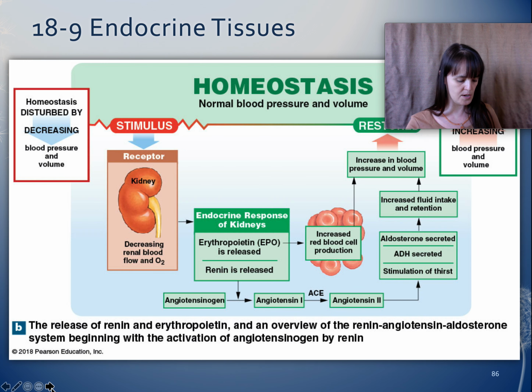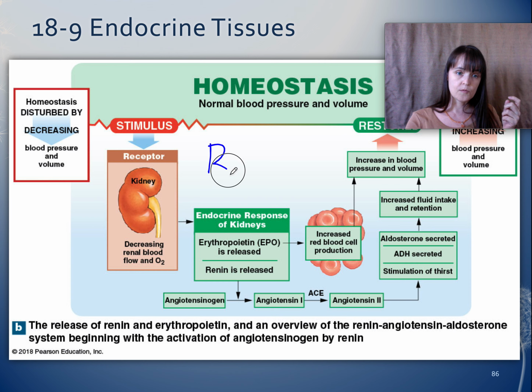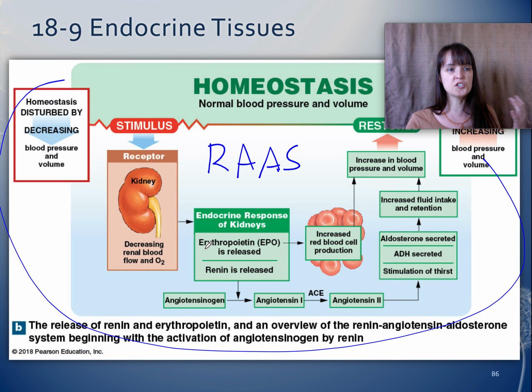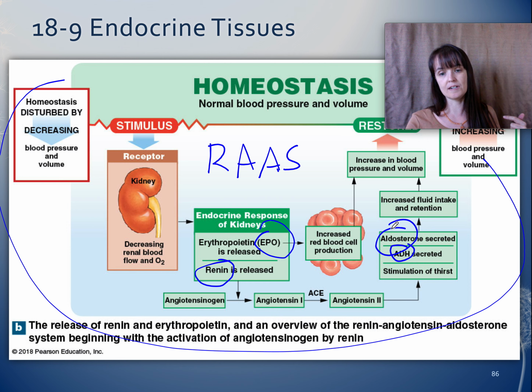Next page, page 23. So we've got this whole renin-angiotensin-aldosterone system. This entire RAAS shebang with EPO, renin, ADH, and aldosterone.